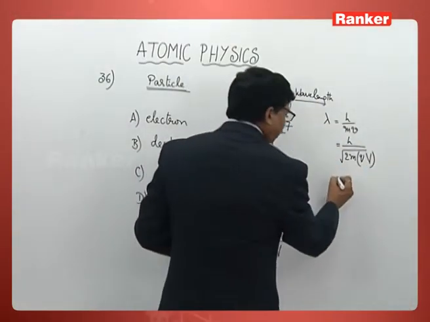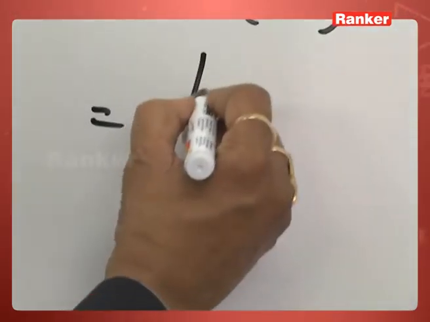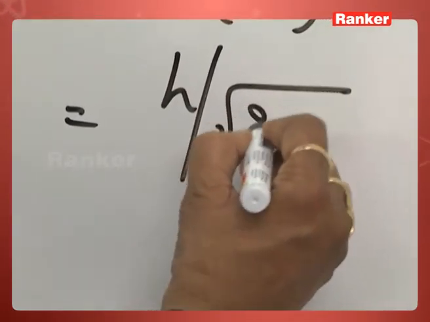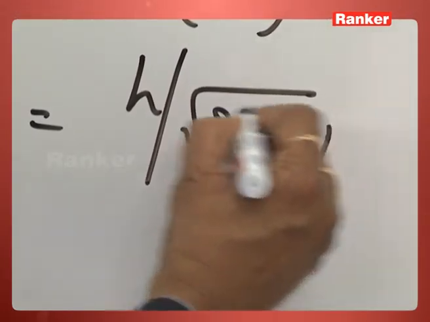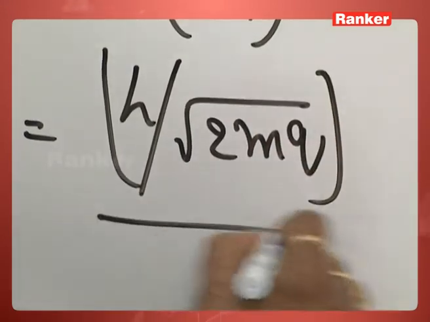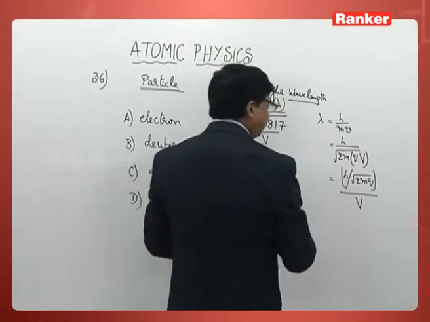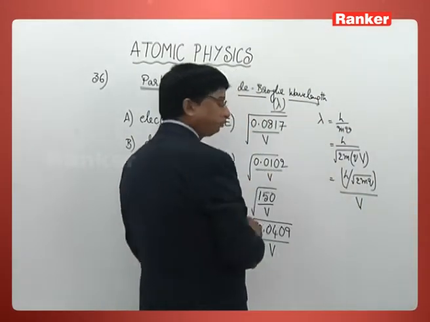The other version of this is h by root 2mq, whole divided by root V. That is actually the value.